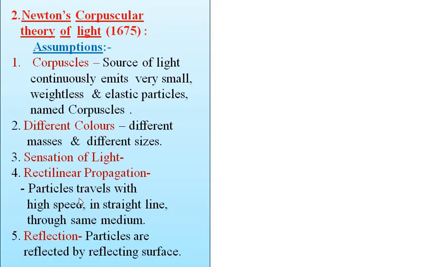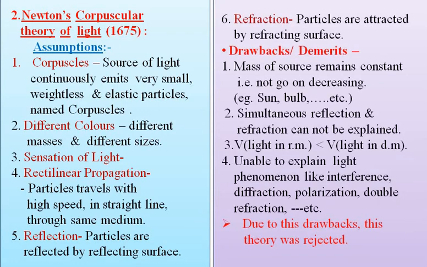This explains the rectilinear propagation of light. Light travels in a straight line, which means rectilinear propagation. For reflection, he said that the particles are reflected by the reflecting surface, and for refraction, he said that the particles are attracted by the refracting surface.